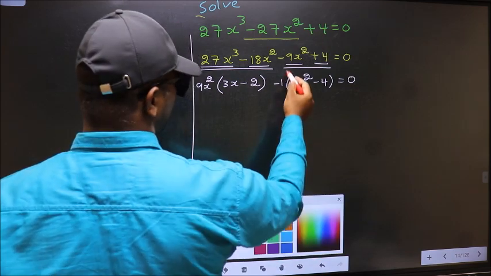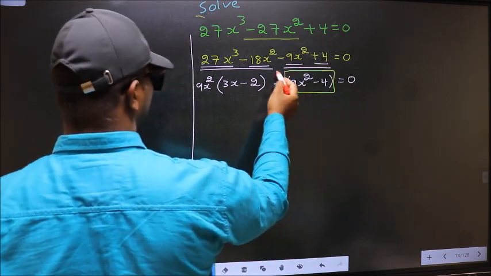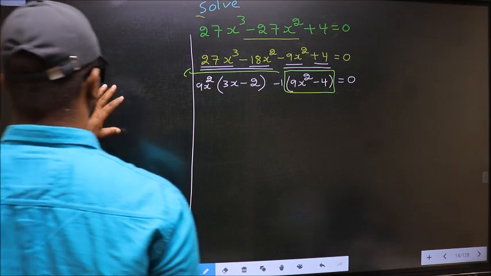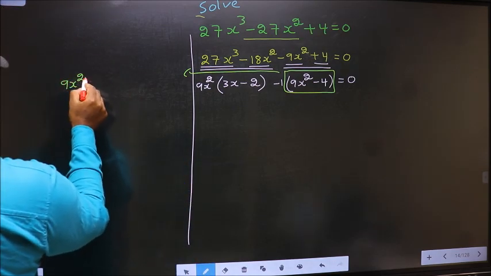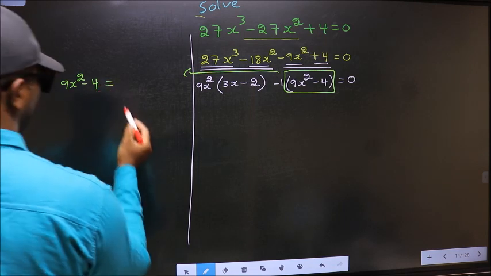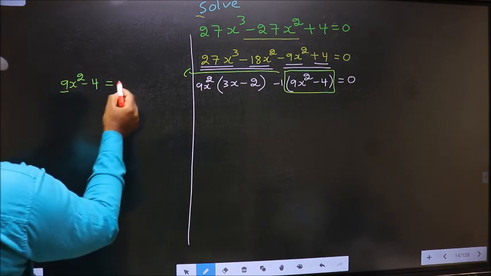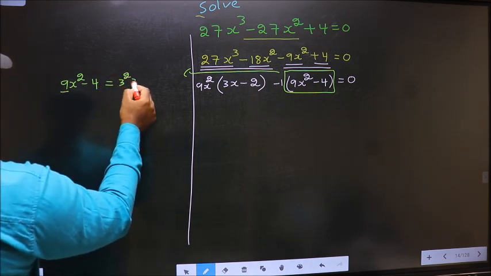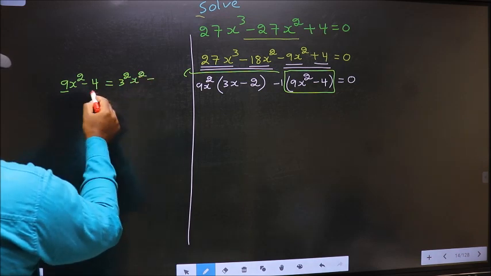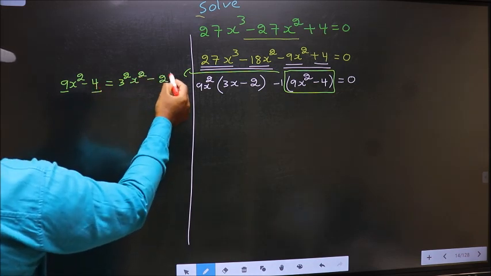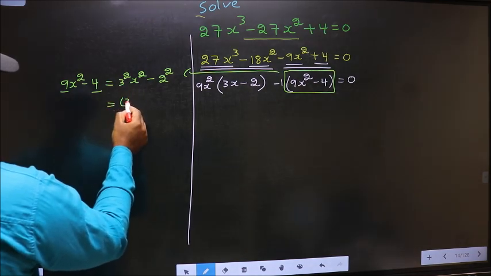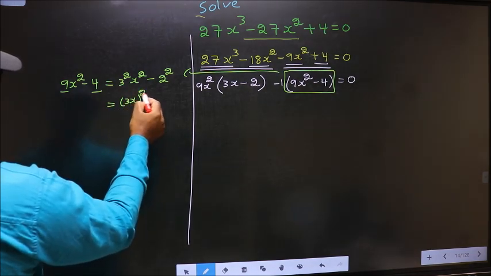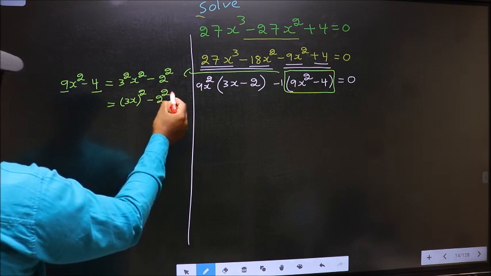Now this quadratic, I will simplify it here. That is 9x square minus 4 equal to. Now in place of 9 I write 3 square x square, minus, in place of 4, 2 square. So 3 square x square is nothing but 3x whole square minus 2 square.